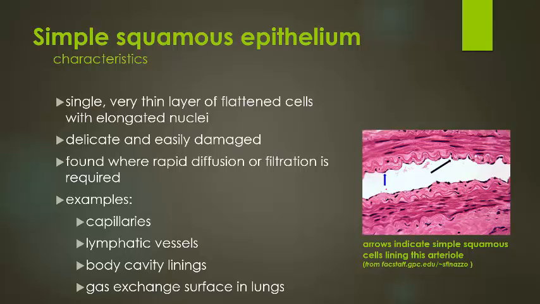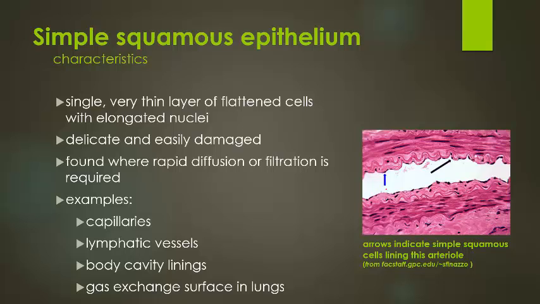And because it's so thin, it's very useful in places where we require rapid diffusion or filtration of materials. So sometimes the simple squamous epithelium allows fluids to move in between the cells, so that those fluids can move from one compartment to another in the body.